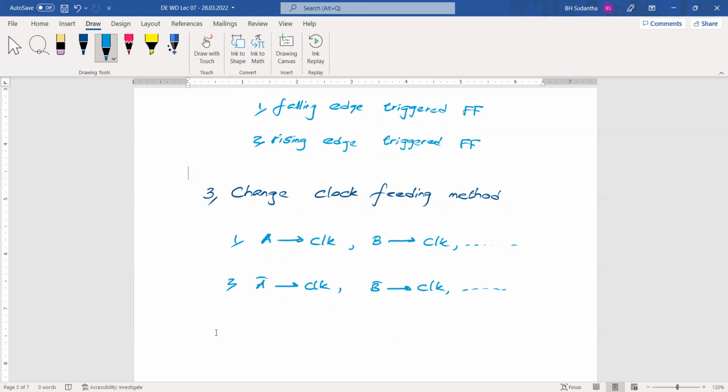Any question regarding all these sections? Anything? Any question?